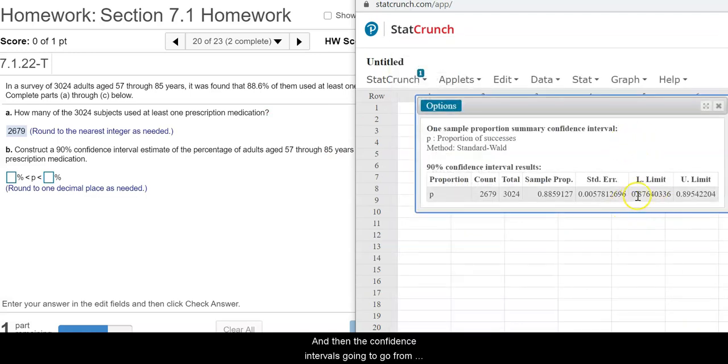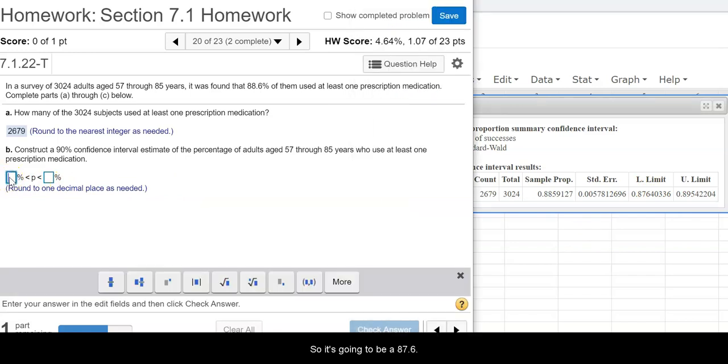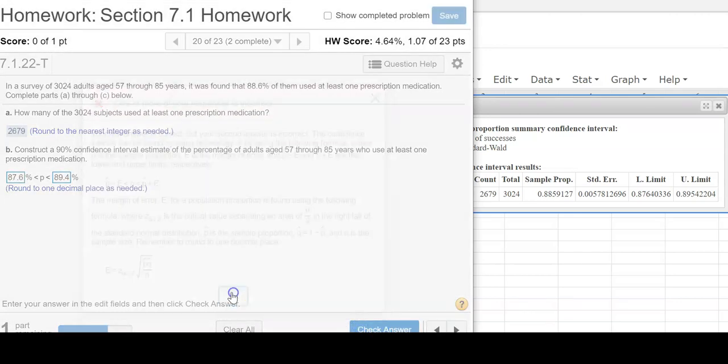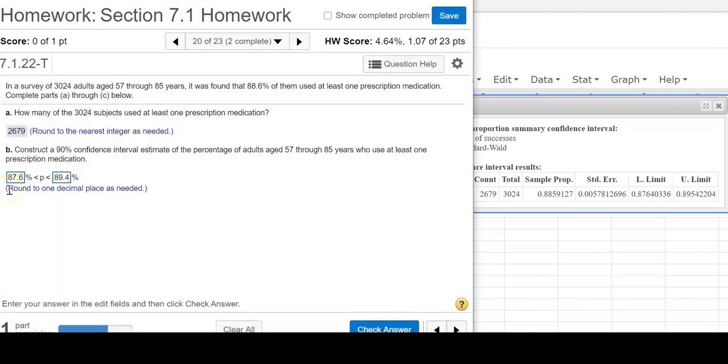And then the confidence interval is going to go from L limit to U limit. And here they want you to write them as percentages, not as decimals. So it's going to be 87.6 and 89.4.